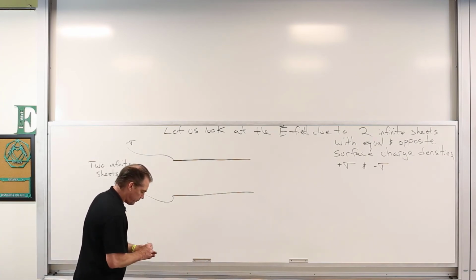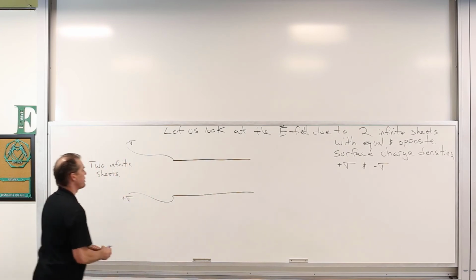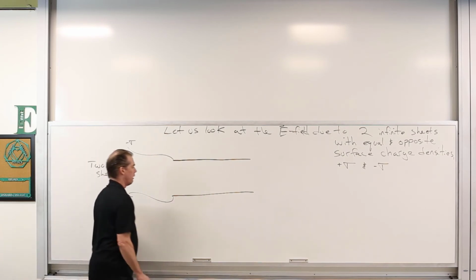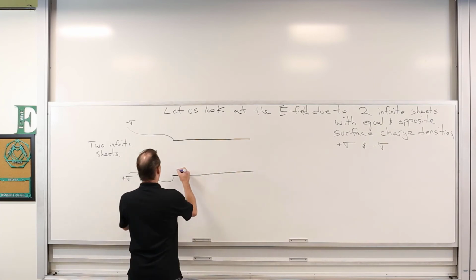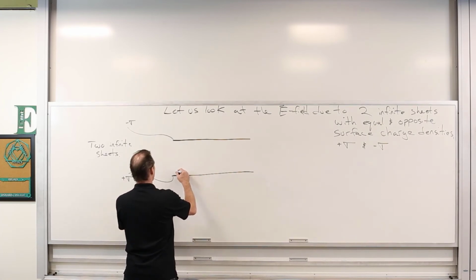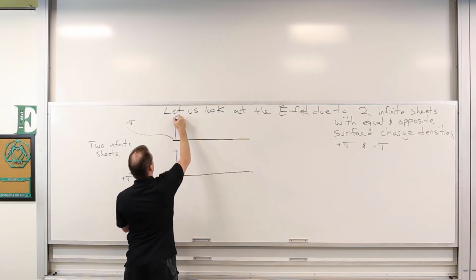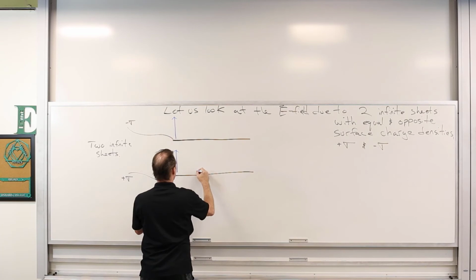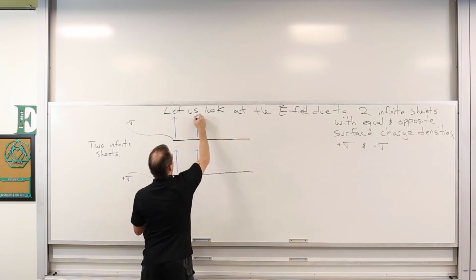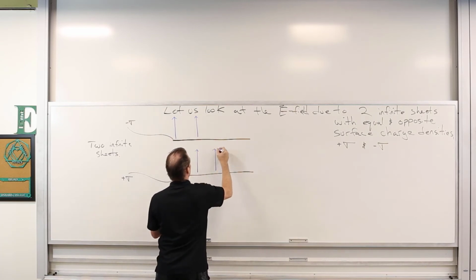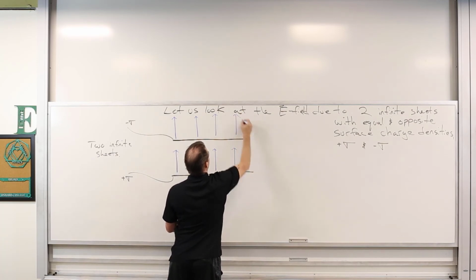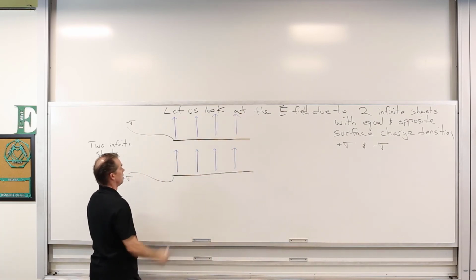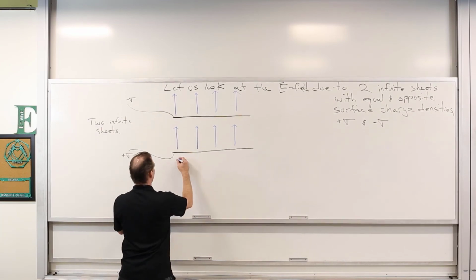So for this positive sheet here, we'll start with this one. What does the electric field look like regarding it? Well, above it, the electric field looks like this. Anywhere above it, it has the same magnitude, same direction. And then anywhere below it, it has the same magnitude and direction.